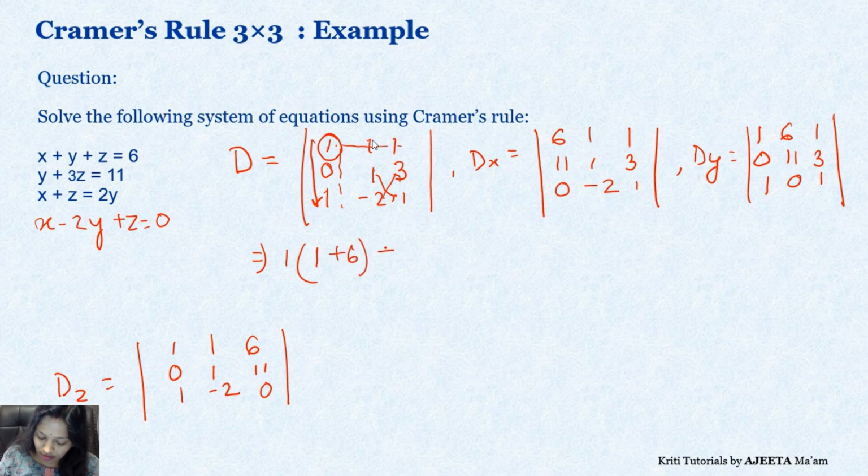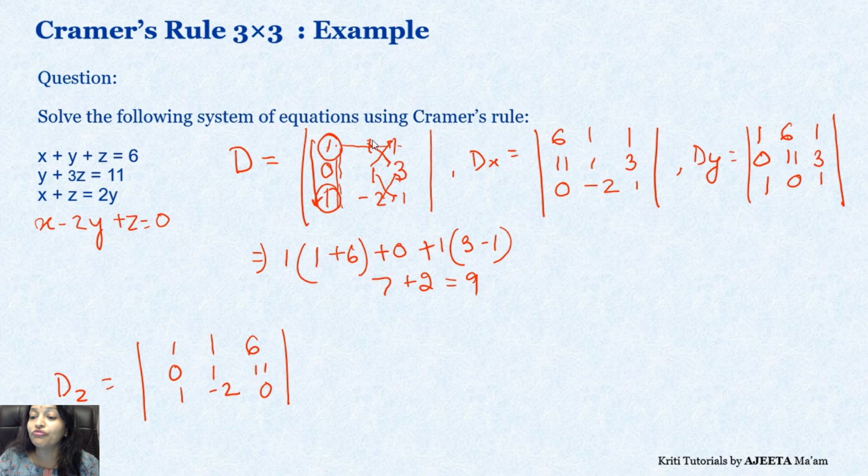Now for 0 we get 0, so no need to solve anything. You can just say plus 0. Then we have plus 1. Now leave the row and column in which 1 is there. So down minus up, that gives you 3 minus 1. So 7 plus 2 is 9. So that is the value of D.